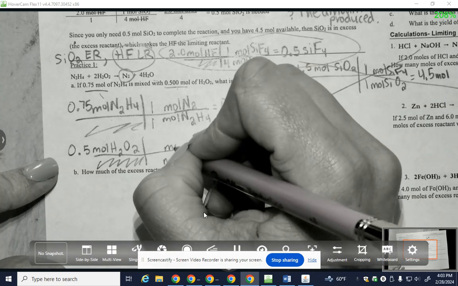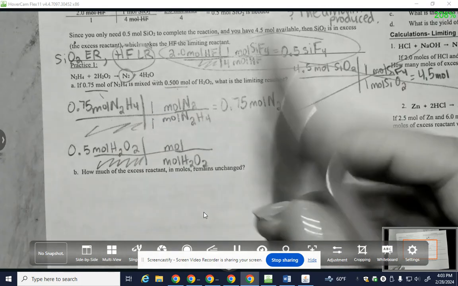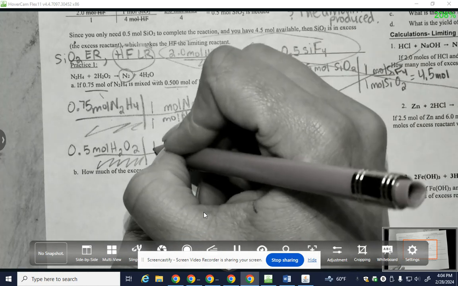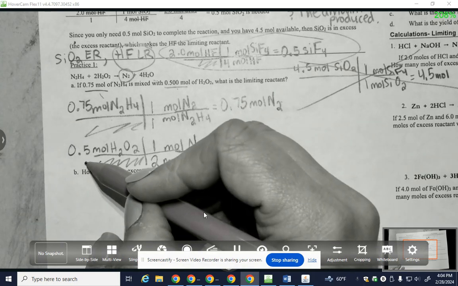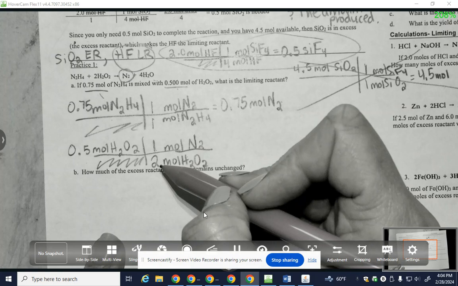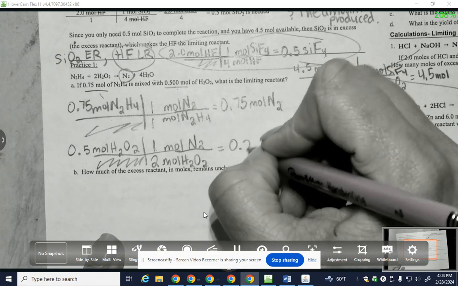Big thing to remember, you have to compare it to the same product. So we have to leave N2 on top. That tells me a 1 on top. H2O2 has a 2 on the bottom. So 0.5 times 1 is 0.5 divided by 2, 0.25.